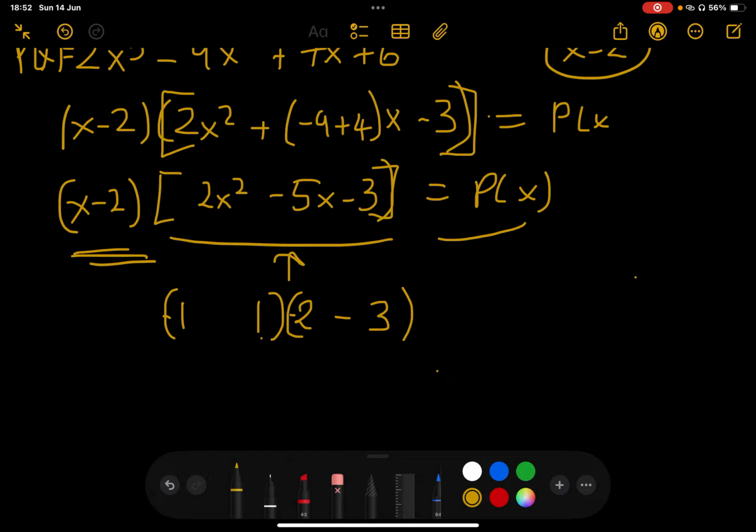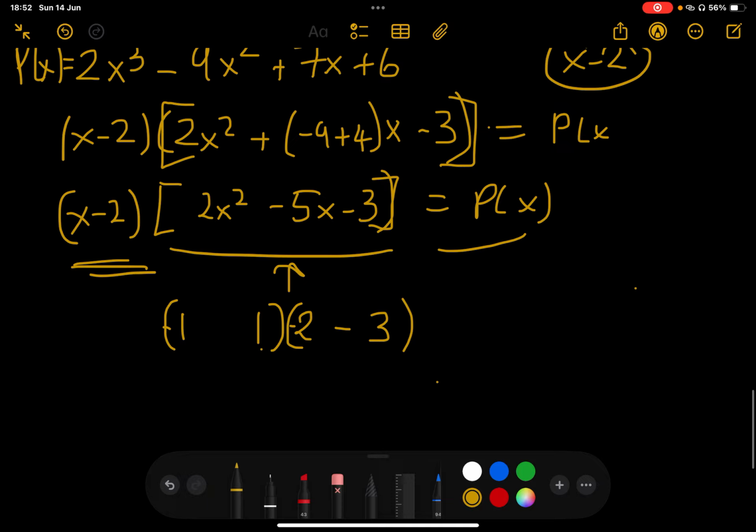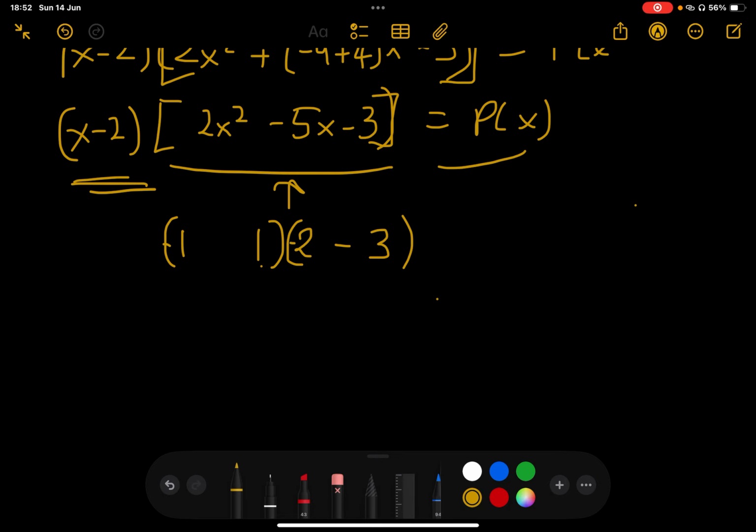Let's see, what are the factors of this? Okay, I'm not sure how to factorize this, but we can still use our minus b formula.